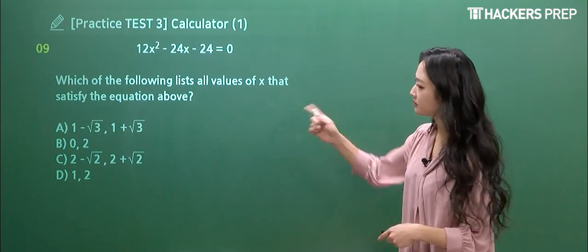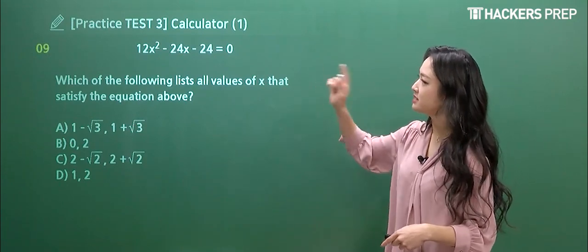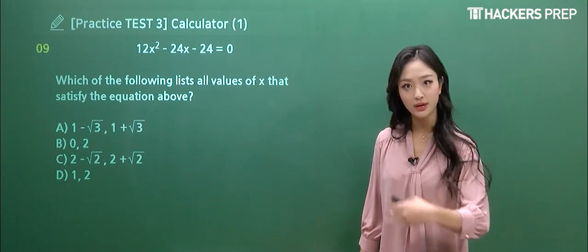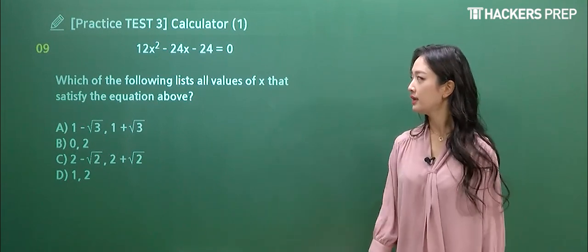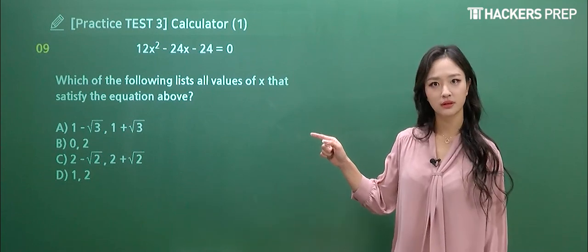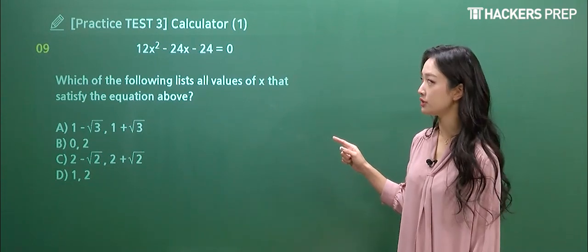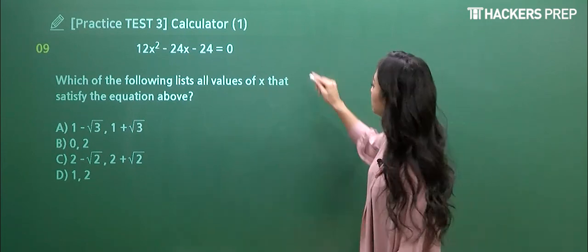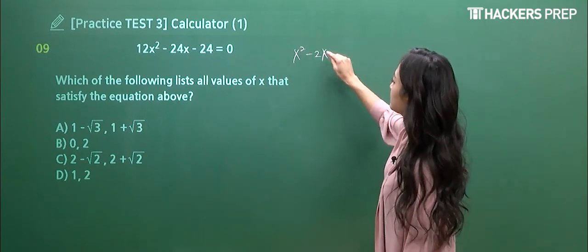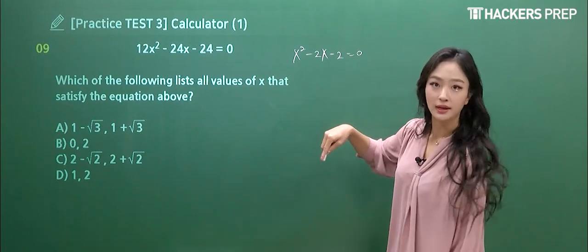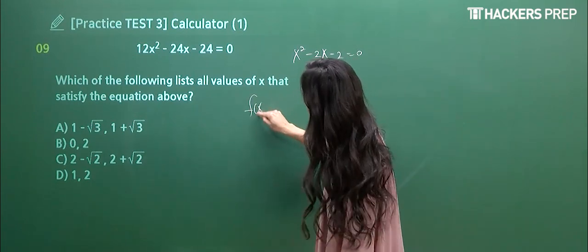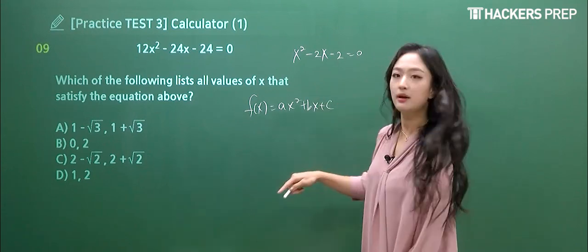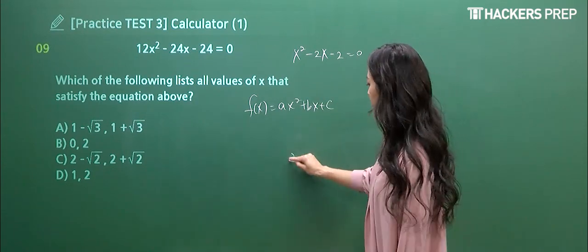Okay? Number 9, they're asking for x values that satisfy this equation. So they're simply asking us to solve the quadratic equation. So what do you have to do? Instead of plugging this in to find the solution set, why don't we divide everything by 12, right? So you get x squared minus 2x minus 2 is equal to 0. And if you had a standard form of ax squared plus bx plus c, how do you find these zeros for the solution set?